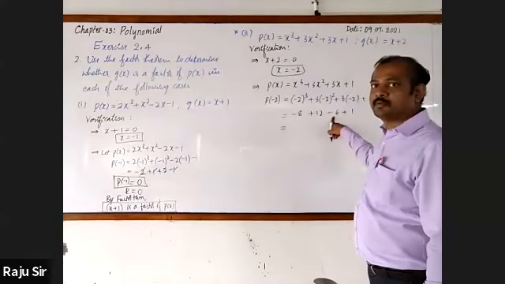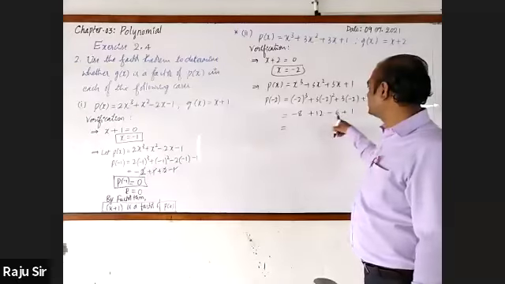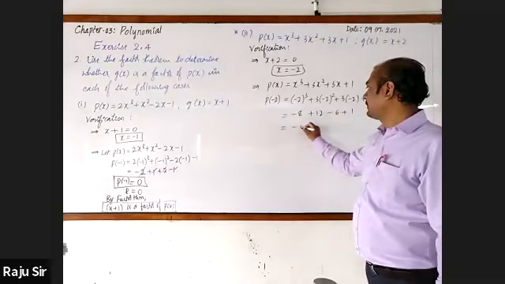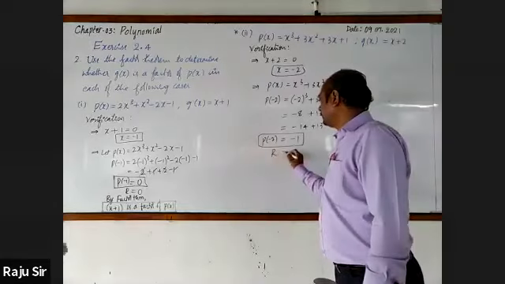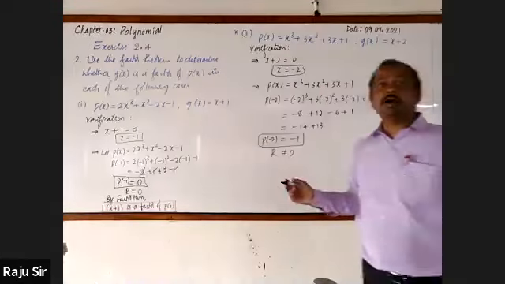Minus 8 plus 12 is 4, minus 6 is minus 2, plus 1 is minus 1. The answer is minus 1. Remainder is not equal to 0.